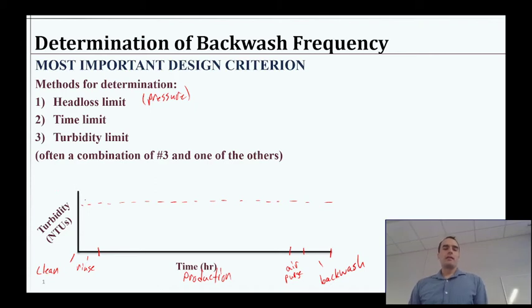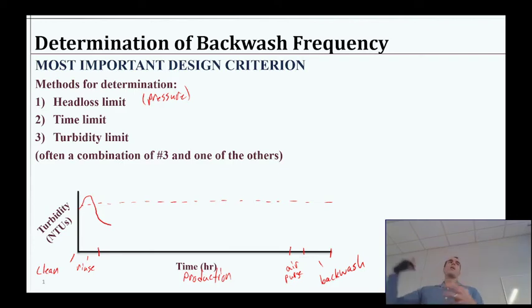It's that process, right? We're going to rinse it and provide some amount of time, usually about 15, 20 minutes of operation. And the turbidity during that time is probably going to look something like this. It's going to spike up a little bit and then start coming back down. And by the time we start operation, we'll start with a pretty low amount of turbidity. And it may actually improve for a little while as particles start collecting in the filters.